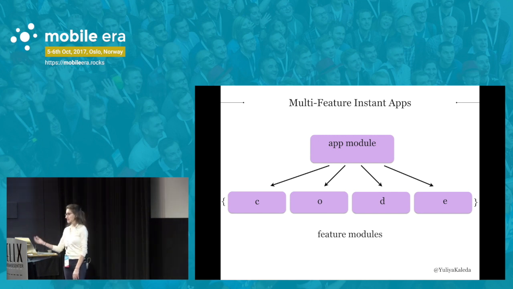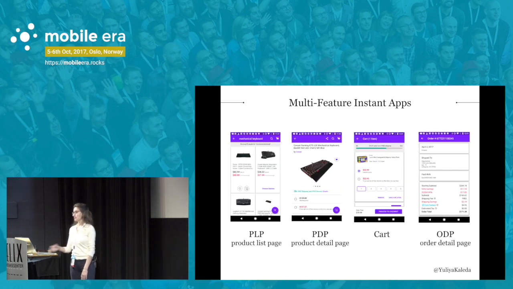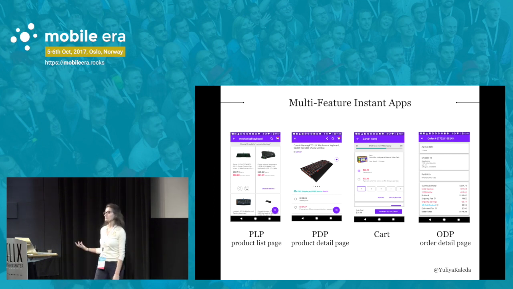Just to provide you some examples of what features can live within your multi-feature Instant App, let's look at our jet.com Instant application. We have a PLP page, the so-called product list page. Here we're providing information about a list of products that a user can see when the user types in, for example, Tide, or I don't know, keyboard.